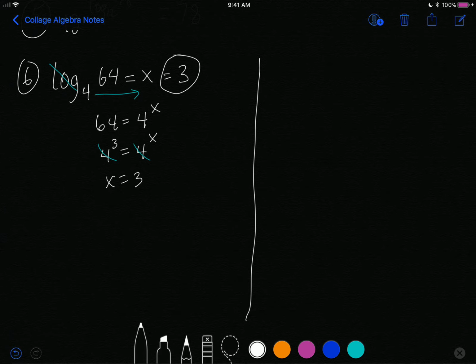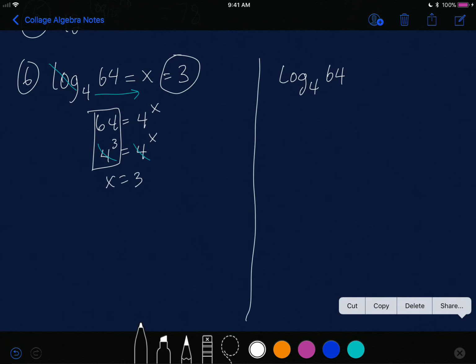That is the answer. The second method uses the properties more directly, but it normally is for students who are familiar with their powers. This is the key step right here. I know that 64 is 4 to the third power.